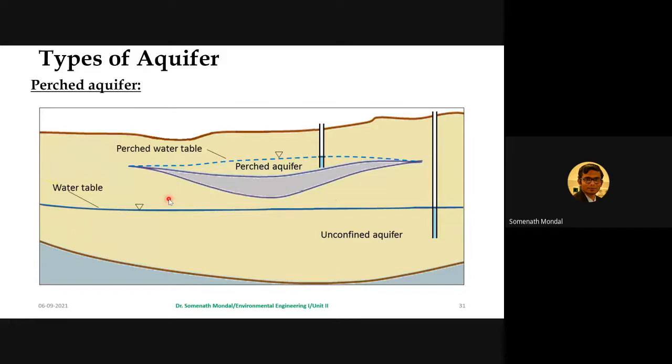What happens sometimes is that there is a layer between the groundwater table and the top surface, which we discussed in the beginning of today's class.